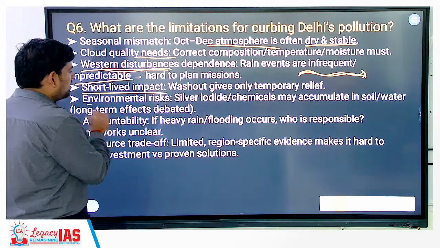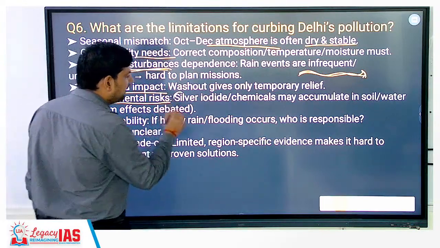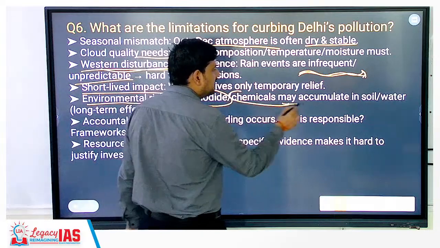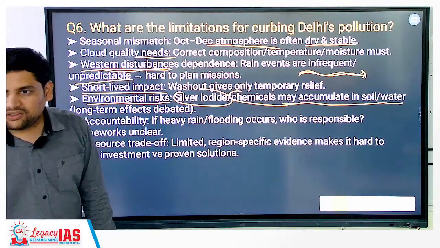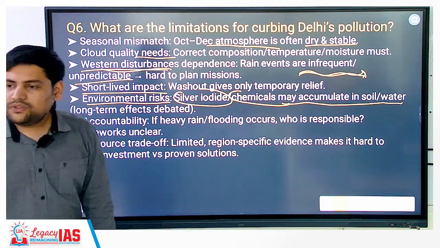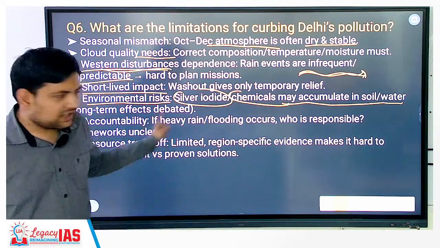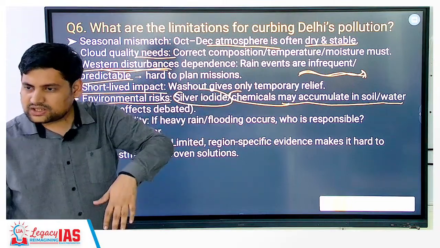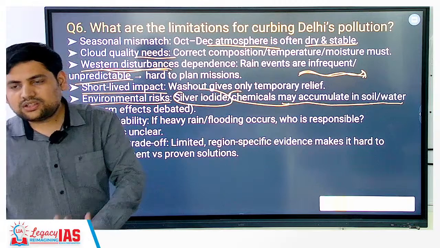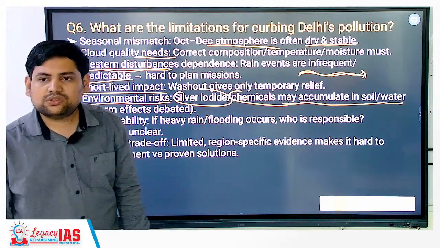Then environmental risk. Silver iodide chemicals may accumulate in soil and water. Right now enough studies have not been done on the impact they can have on our water or soil, because it is falling from the sky. What impact it can have on the soil in the long term, we don't know yet.